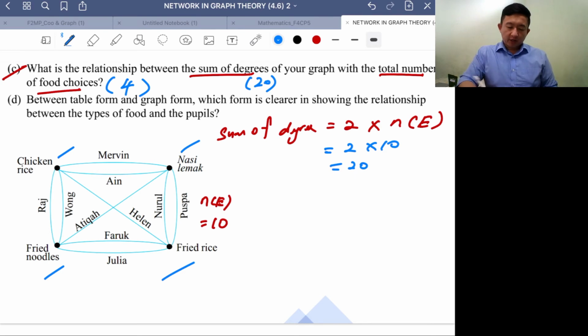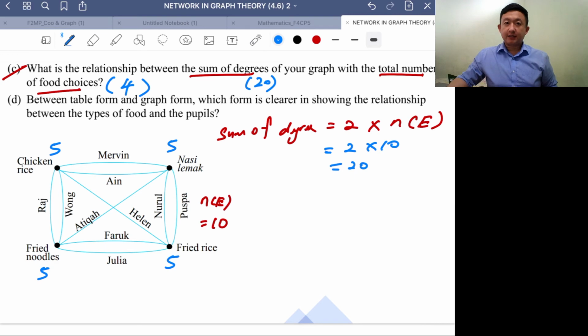Okay, when you think of sum of degree, if you have a look at the degree of the vertex of chicken rice, how many edges are connecting to it? You realize that it is 5, and then 5 for nasi lemak, 5 for fried noodle, 5 for fried rice. So you have 20, you have 4, you have 5.